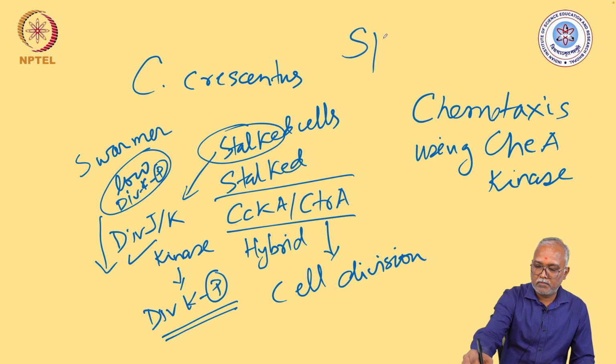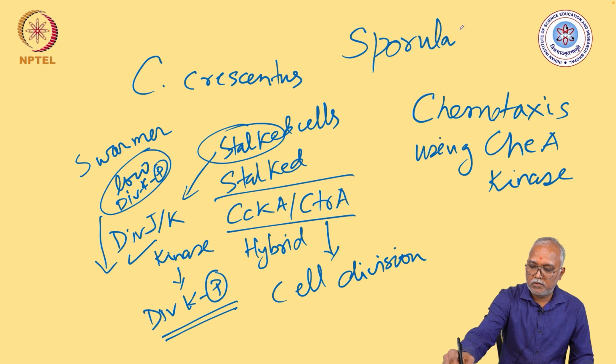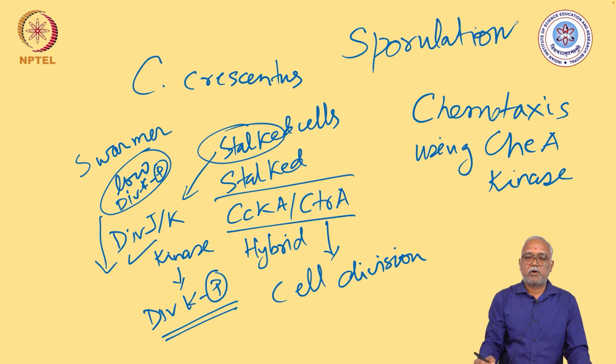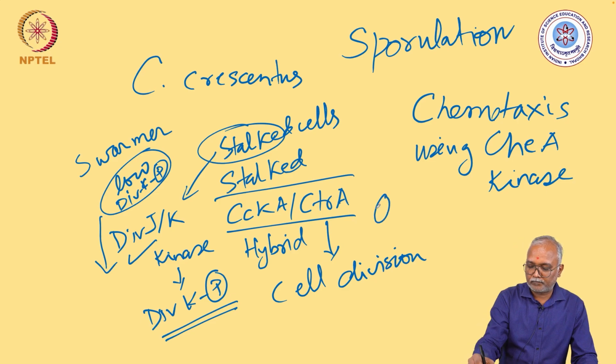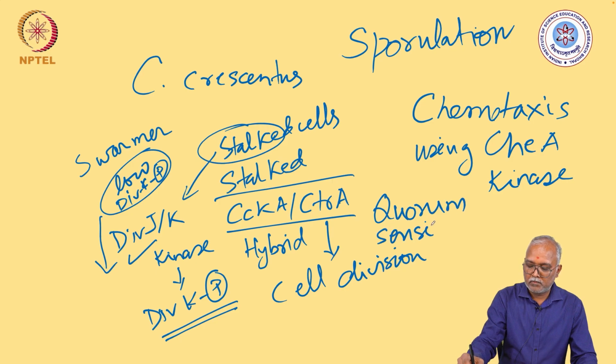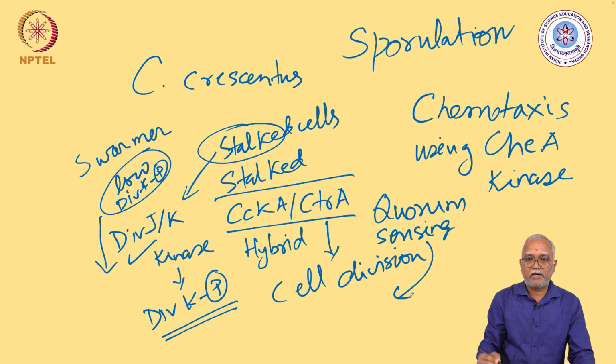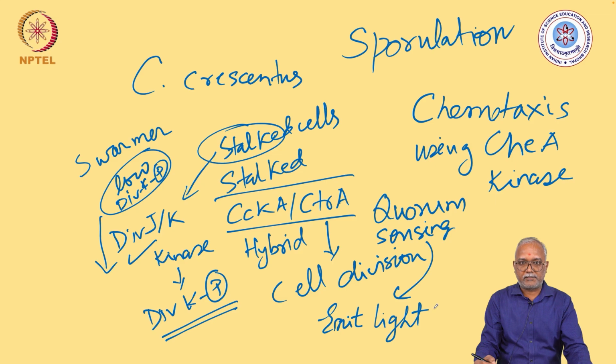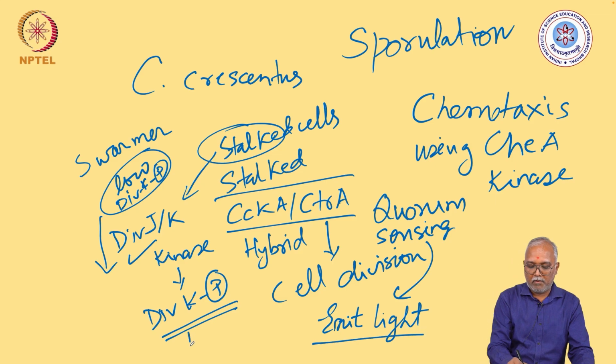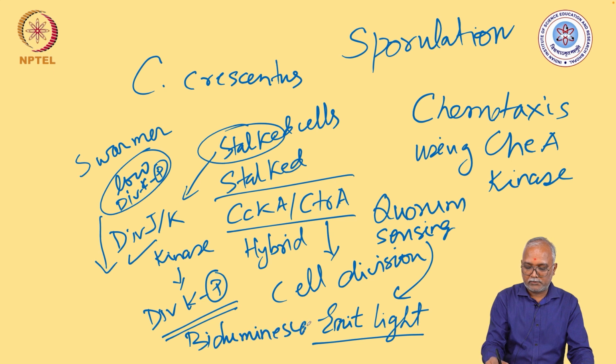where we will see how a process like sporulation is regulated by two-component system, and we will take a very specific example of quorum sensing, where bacteria involved in the process emit light to signal each other about their presence, and this is called bioluminescence.